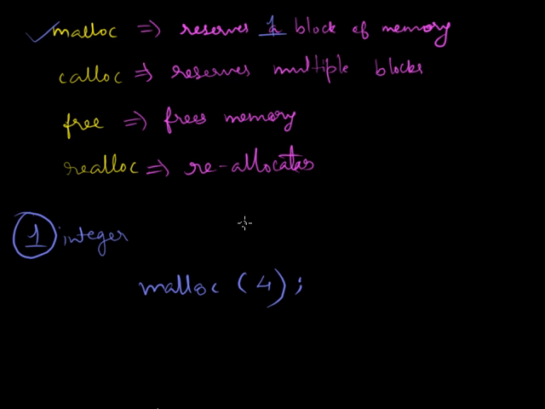So malloc returns us a pointer to the allocated memory. But you just tell it how many bytes to reserve, so malloc does not know whether these 4 bytes are for an integer, a character or a float.